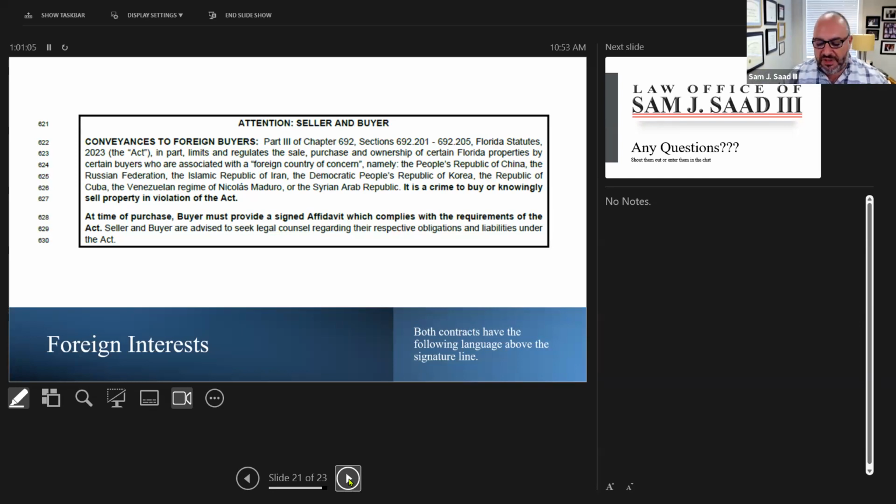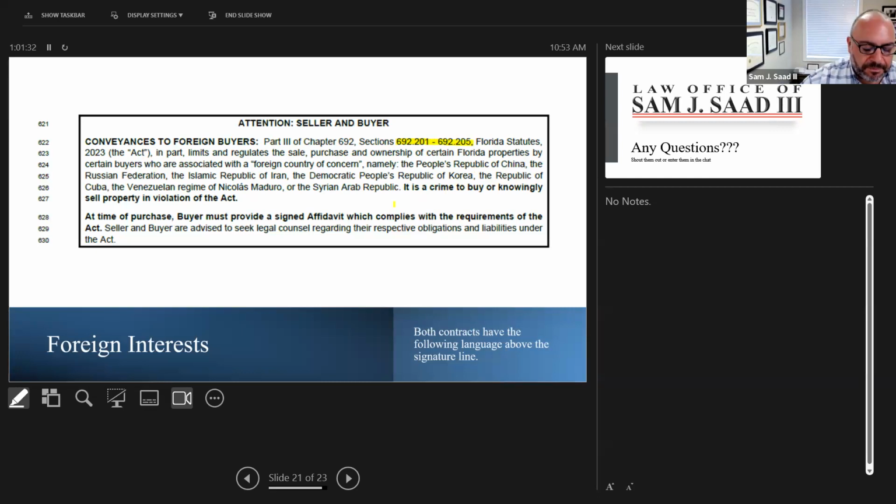If you are from one of the seven, we'll call it the seven deadly countries, China, Russia, Iran, North Korea, Cuba, Venezuela, or Syria, it is a crime to knowingly buy or sell property in violation of the new law. That is section 692.201 to 205.